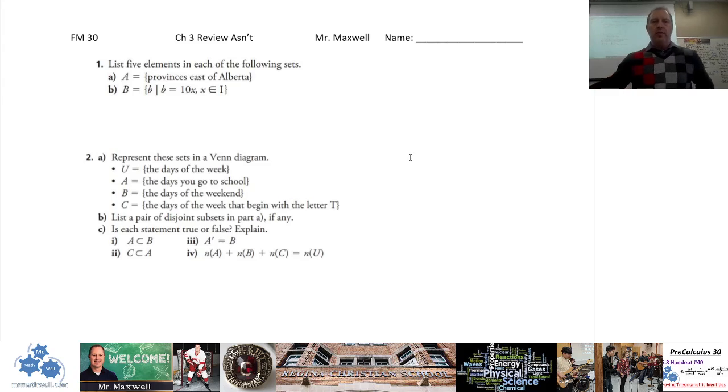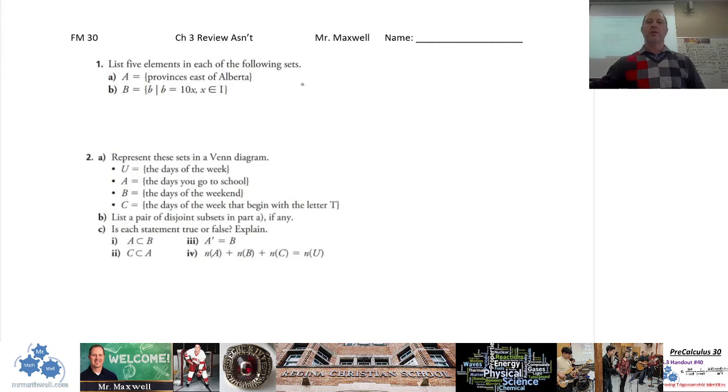All right, so if we look at number 1, it says this: list 5 elements in each of the following sets. So first of all, an element is an item or an object that's within some kind of set, right? So you guys are elements of my class today, okay? The elements in A here described is the provinces in Canada east of the province of Alberta.